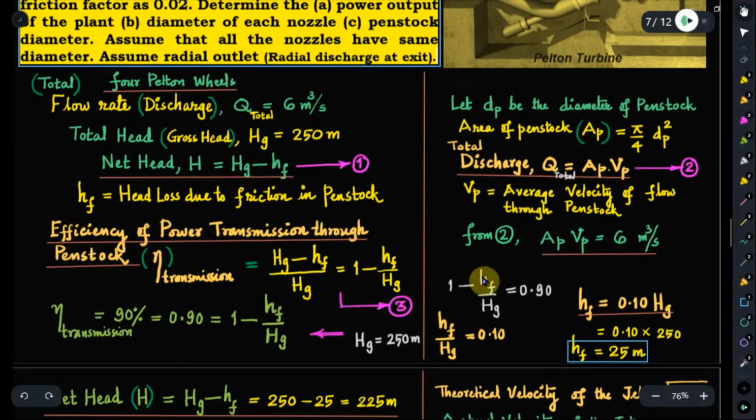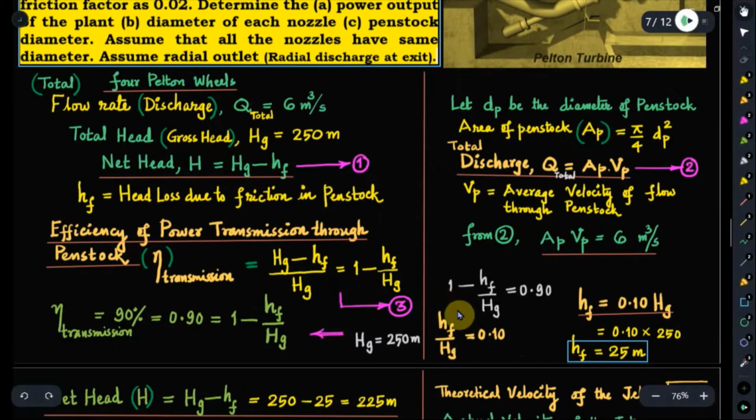So 1 minus Hf by Hg is 90%, that is 0.90, and from which you can find out Hf by Hg as 1 minus 0.90, that is 0.10. See, this simply conveys the fact that efficiency of power transmission is given as 90%. So that means 10% is lost as head loss due to friction.